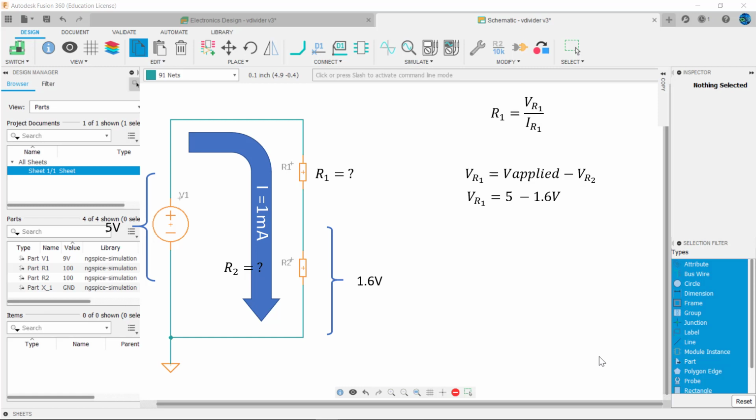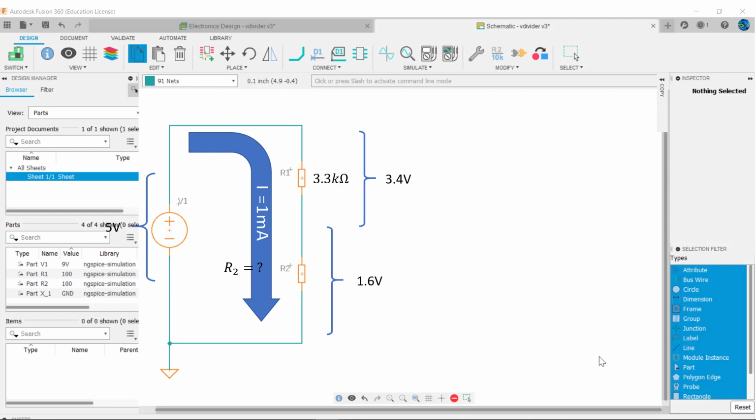Or VR1 equals 5 minus 1.6 volts. And so the voltage across R1 is 3.4 volts. And going back to our Ohm's law formula, R1 equals the voltage across R1 divided by the I through R1, or 3.4 volts divided by 1 milliamp, or 3.4 kiloohms, which leads to a nearest standard value of 3.3 kiloohms.